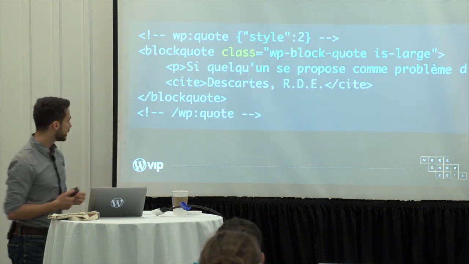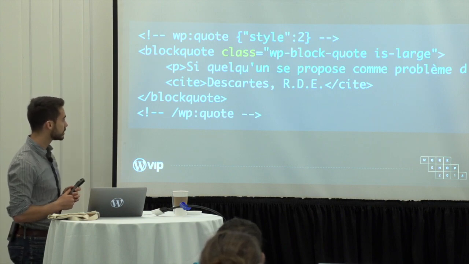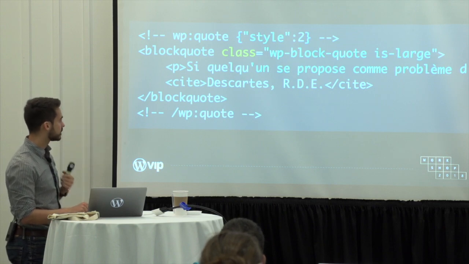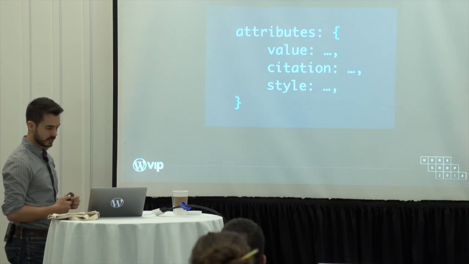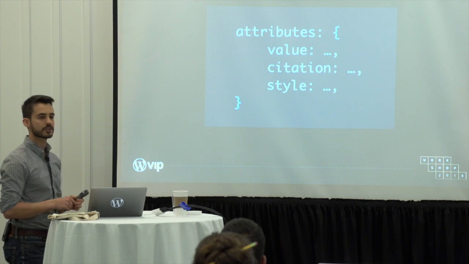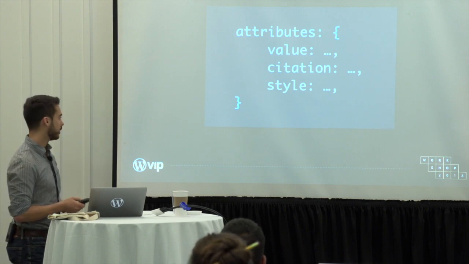This is our quote block. Again, the only thing that's changed since the first time we saw it was that it's got this attribute at the top that reads style2. And this is the attribute map for the block, the quote block. The value is just the actual quote. The citation is optional. It's the attribution to a person.